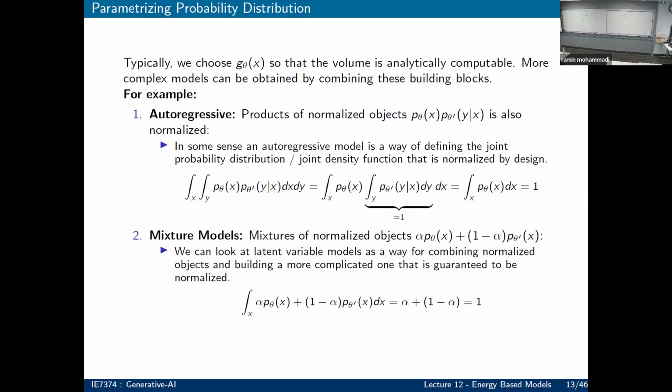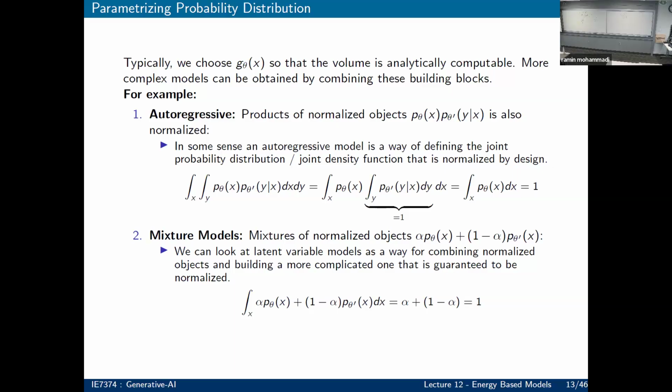This is a proof that the autoregressive model is always normalized by default, so it doesn't need a normalization factor. The integration across all possibilities goes to 1. And that's one of the things about autoregressive models: they guarantee to give you the probability density function.